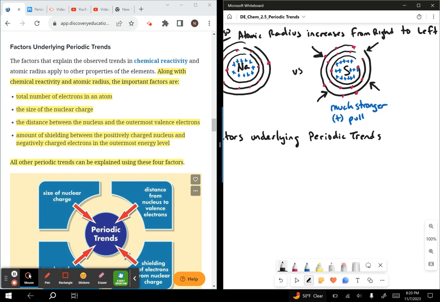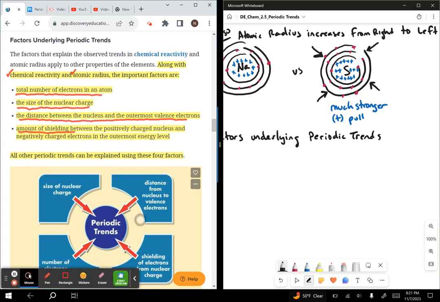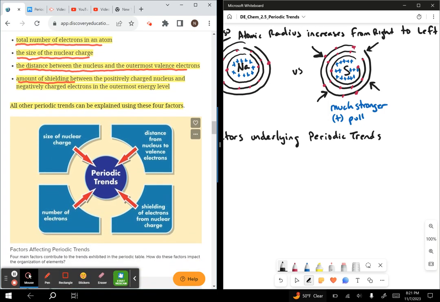So not only is there chemical reactivity, which we talked about in the previous Explorer, not only is there atomic radius, which we just talked about, other important factors are the total number of electrons in an atom, the size of the nuclear charge, the distance between the nucleus and the outermost valence electron, and the amount of shielding. And they show a nice little graphic. All other periodic trends can be explained using these 4 factors.